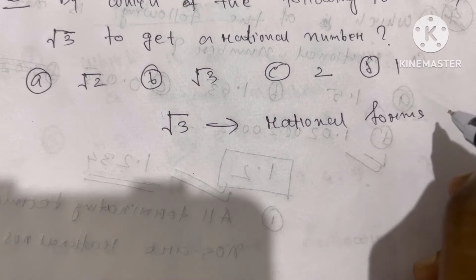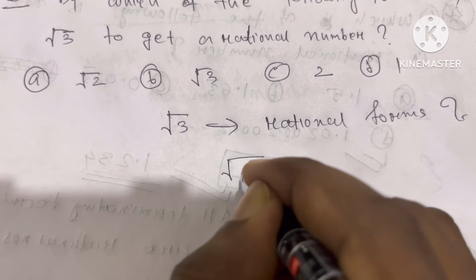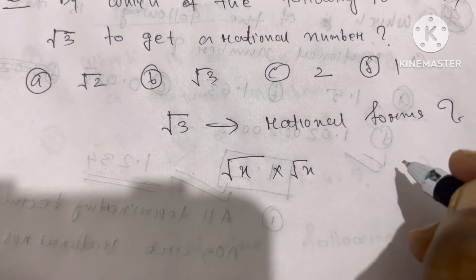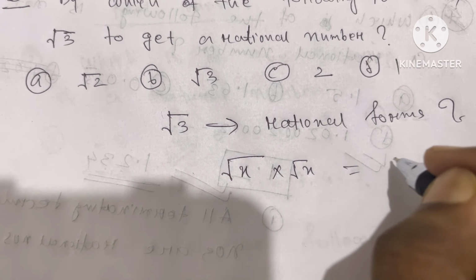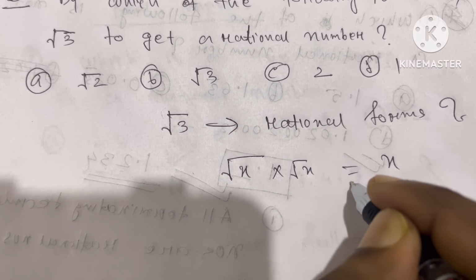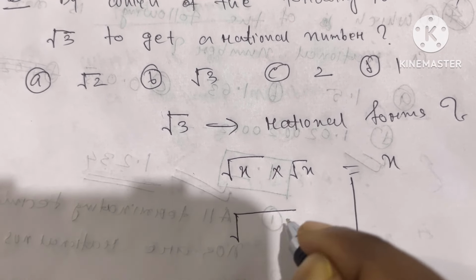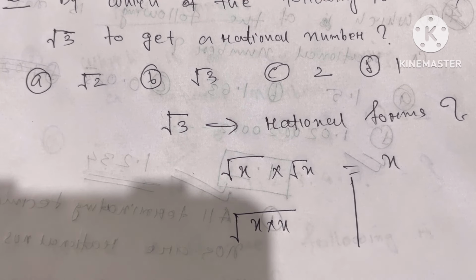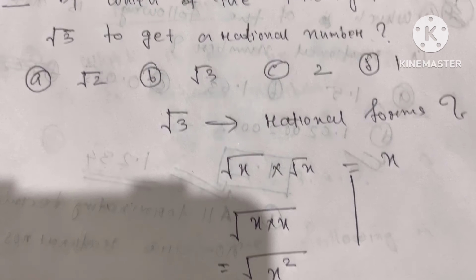As you know, if you multiply root x with root x, the same root, then root and root cancel and x will come out. How? Because root x into root x means you can multiply x and x under the same root, x into x, which is x power 2.